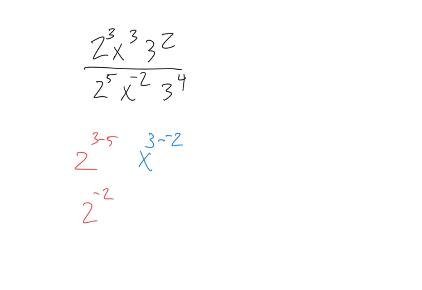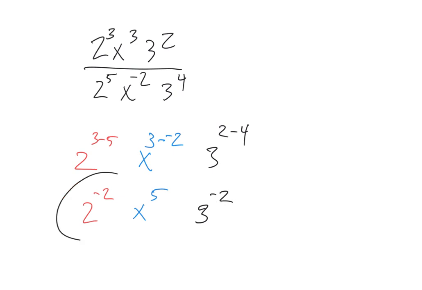X to the third minus, because I'm dividing, negative 2. So that would be x to the fifth. And then I have 3 to the 2 in the numerator minus 4, because I subtract in the denominator, I subtract that out, which is 3 to the minus 2.